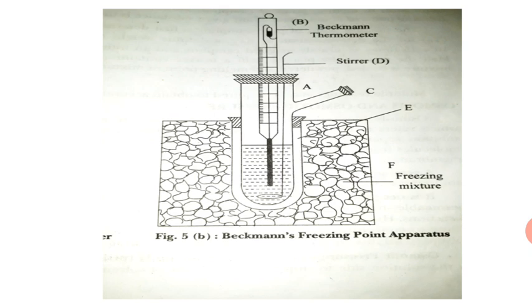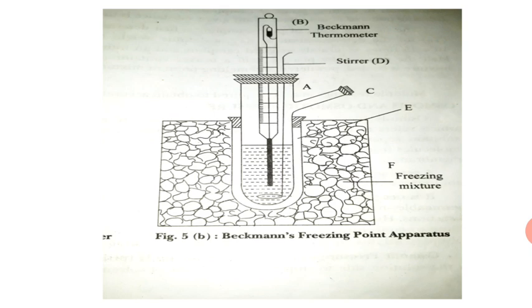As shown in the diagram, F is the freezing mixture, E is the air jacket tube, C is the side arm, A is the freezing tube, the stirrer is denoted by D and B is the Beckman thermometer.